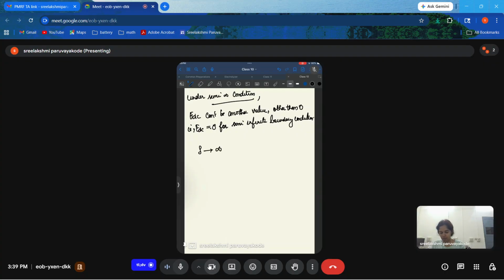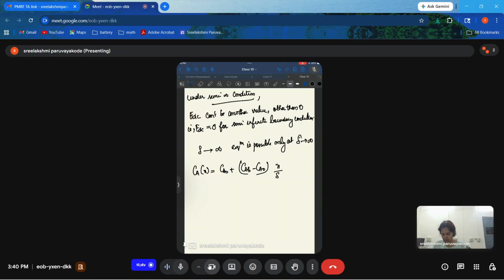So δ tends to infinity. So in this case, the boundary layer is going to be infinitely thick. So we say it's infinite. And only if this happens, equilibrium is possible only at δ tends to infinity. So here you will have CA at any point x equal to CA naught plus CA bulk minus CA naught times x by δ.